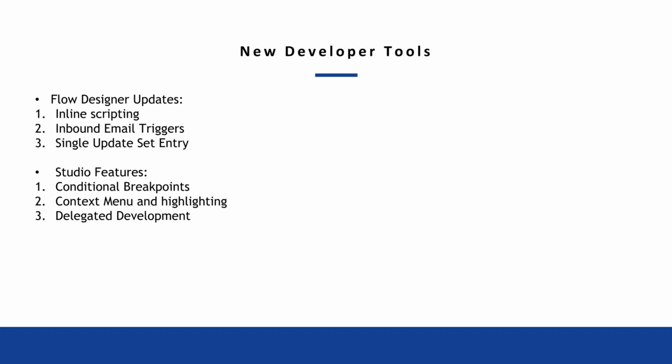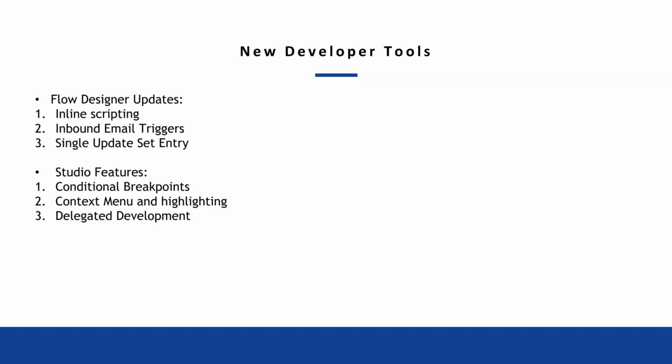So there's a couple of updates to the flow designer. One is inline scripting, inbound email triggers, which basically takes the place of inbound actions. I don't know about you guys, but I've created a large number of inbound actions in my time, but now the flow designer has an inbound email trigger. An email comes in and it kicks off a flow.